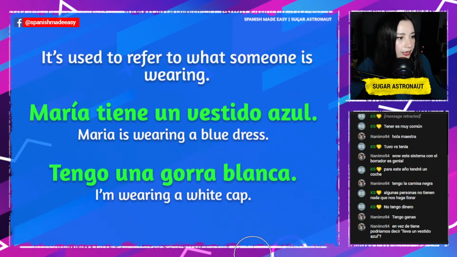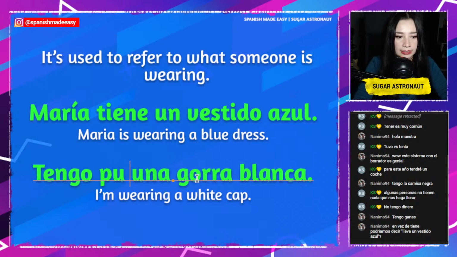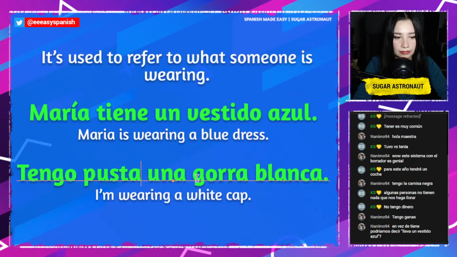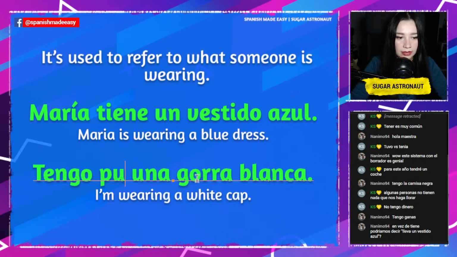Interesting. Ánimo 94 says, en vez de tiene, podríamos decir lleva un vestido azul. Yes, you can say that. And also, you can say tengo puesta, tengo puesto.